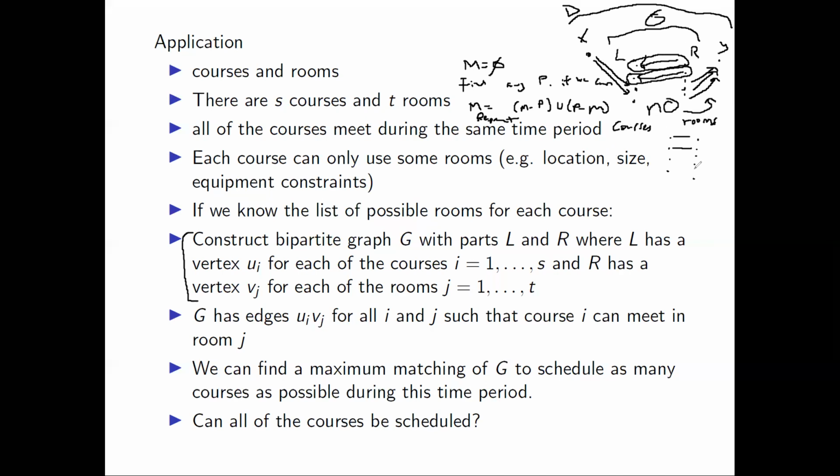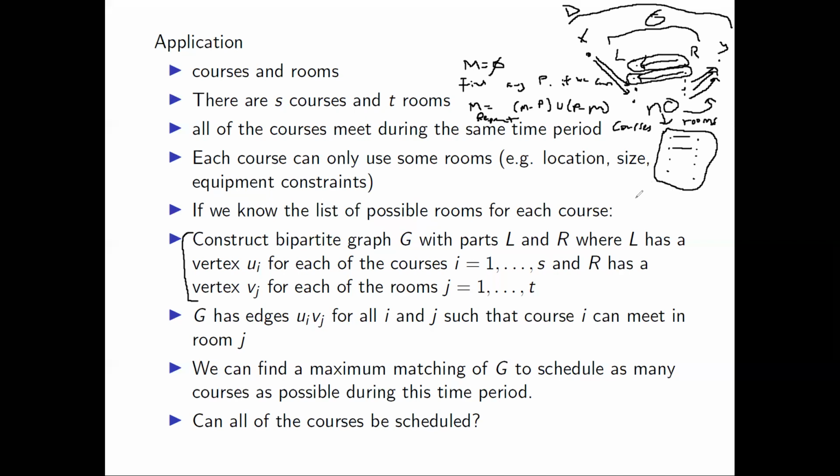These are both the same graph; this is a little cleaner version of it because it's before we turned it into the directed graph. If that's our graph representing which courses can be in which rooms, then definitely we cannot schedule all the courses at the same time.